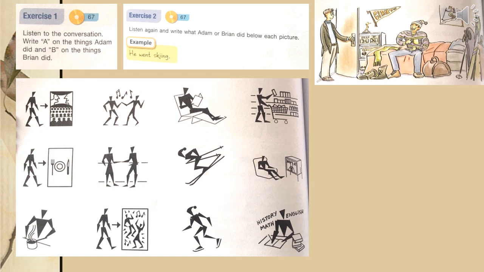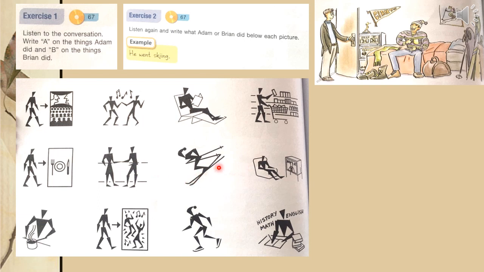This is watching a movie, right? This one is dancing, right? This one is reading books. This one is shopping. This one is eating. Eating at a restaurant it may be. This one is meeting someone, right? It's meeting someone.